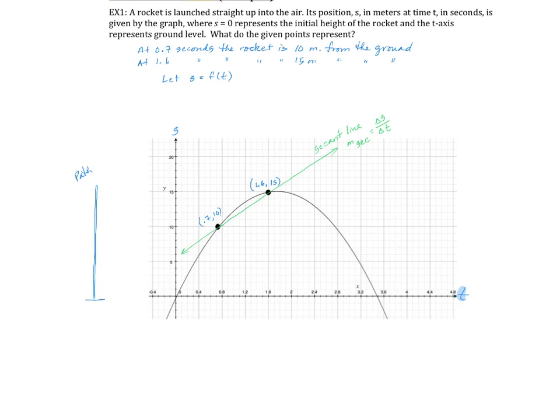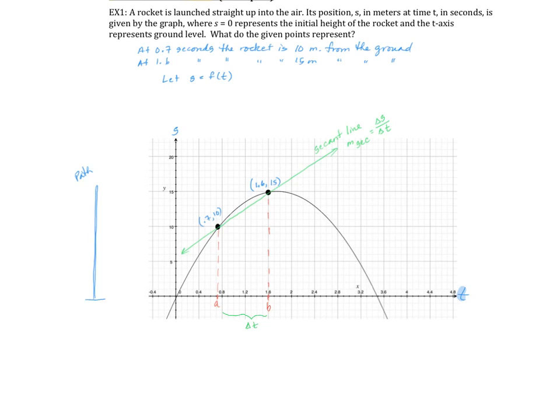From here, let's look at this point as being our point A, and this point here, which I will call B. The distance from A to B, this distance here, I'm going to call delta t.